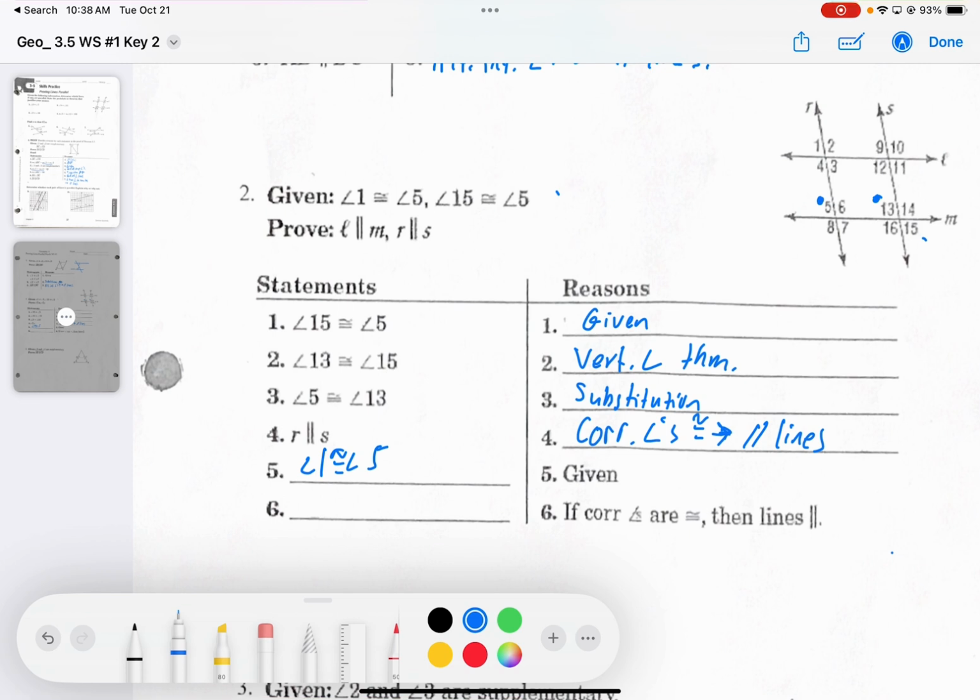So it says, if corresponding angles are congruent, then lines are parallel to each other. Well, what did I want to prove? Right, because I already did R is parallel to S. So I need to prove the other thing that's in there, which is L is parallel to M. Okay, so then that was 2.